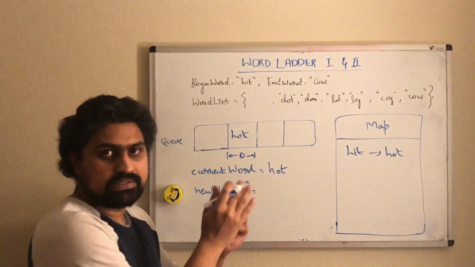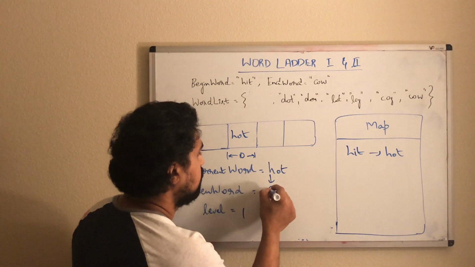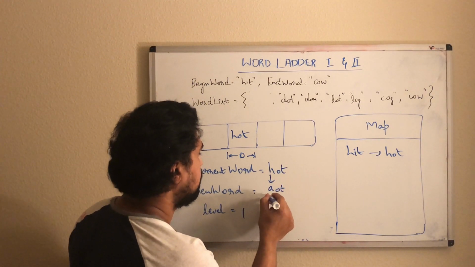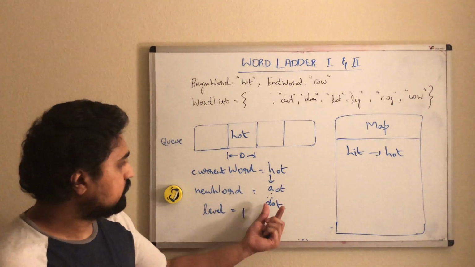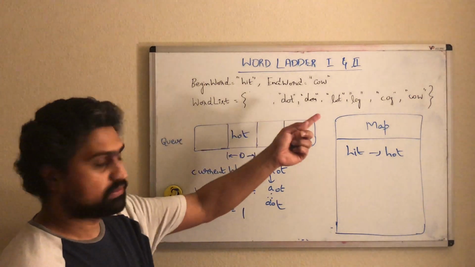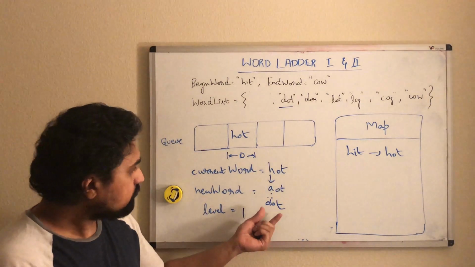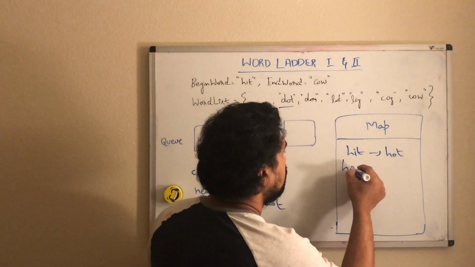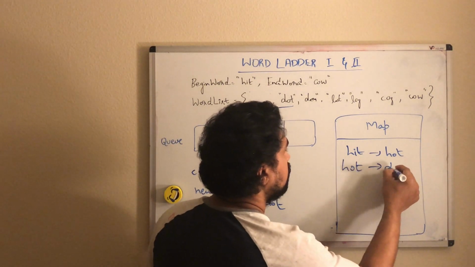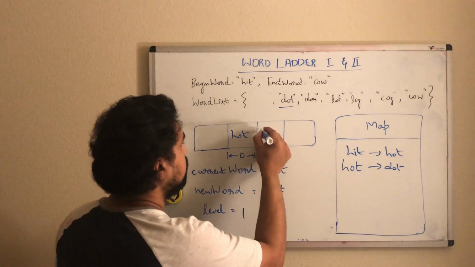Once again we shall start replacing the first letter, and see if we can find a word that belongs to this word list. So there's a word dot that belongs to this word list. So we shall mark this word as visited. We shall create a mapping between word hot and dot. And also we shall offer this word to the queue.